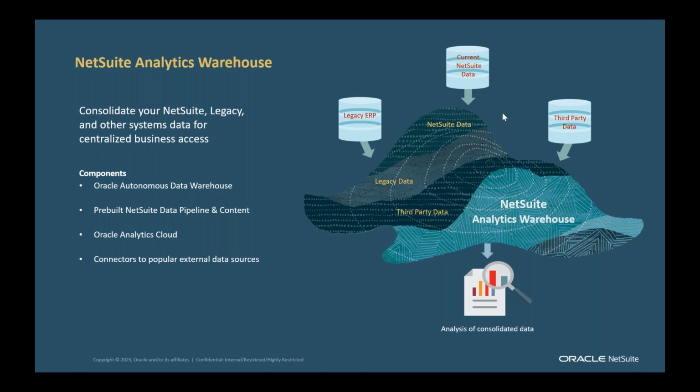NetSuite Analytics Warehouse would allow you to do that, to pull that data in. Many organizations also may have a key third-party database that's critical to running their business. That can be connected with NetSuite Analytic Warehouse as well. So then you can see everything that you need access to can be in a single place for viewing, reporting, and so forth.